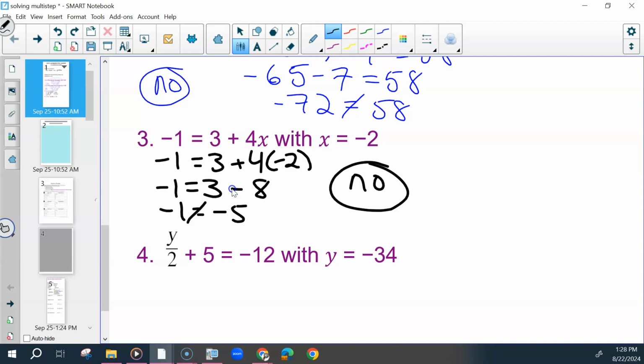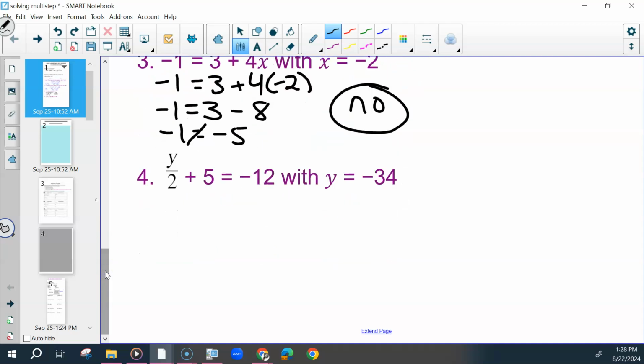Right. Number 4, was that a solution? Was that not a solution? It was. Does anyone want to see that one? Yes, okay. So if I put -34 in for y, and leave everything else the same, we're going to divide first, get -17.